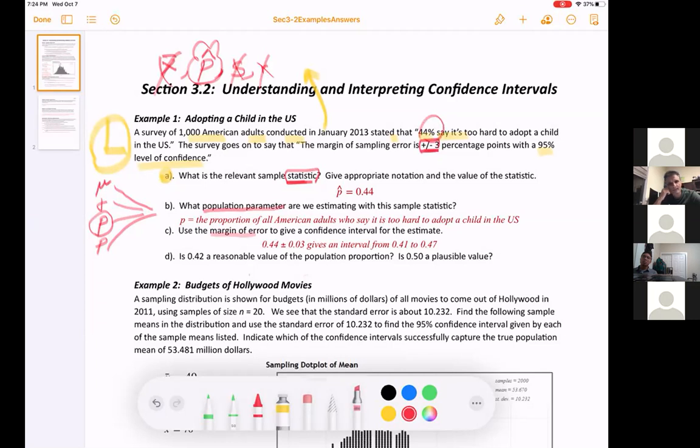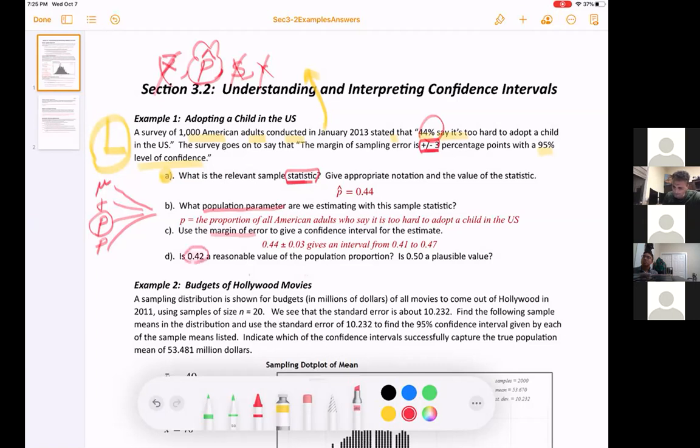Part D, is 0.42 a reasonable value of the proportion? Yes or no? No, because it's below 0.44. No, 0.42.